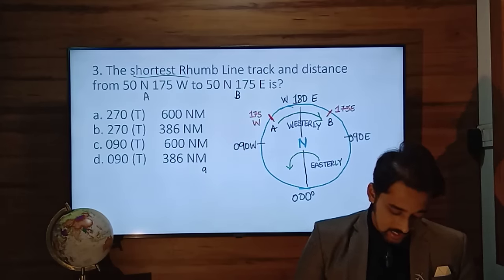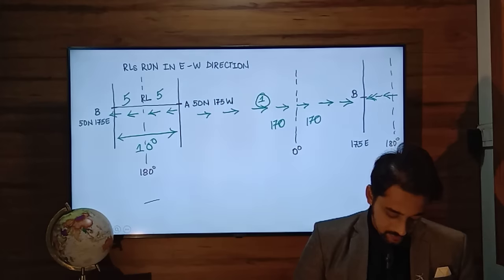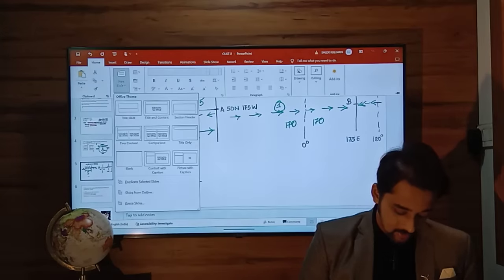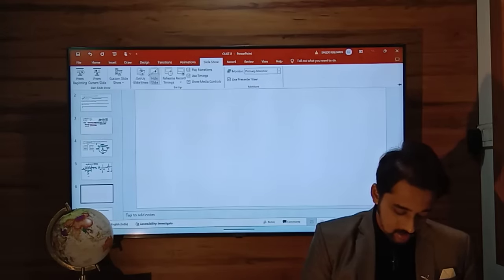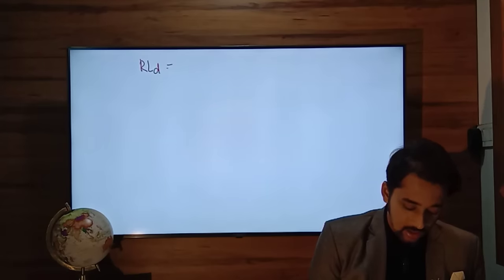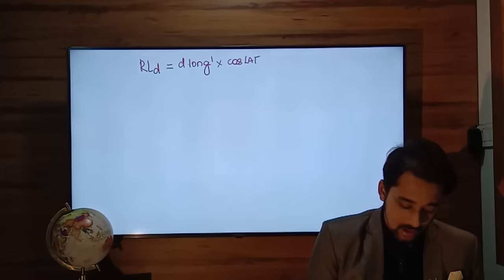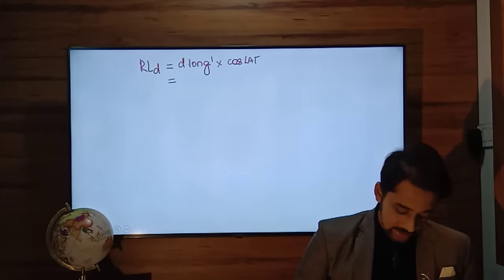Now let's calculate distance. What will be our distance? I will take a new slide. The Rhumb line distance equals d long in minutes into cos of latitude. So d long is how much?